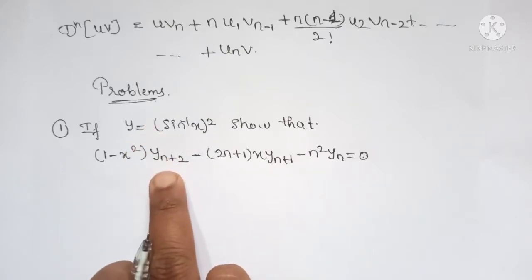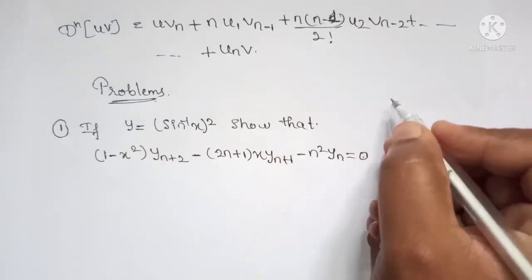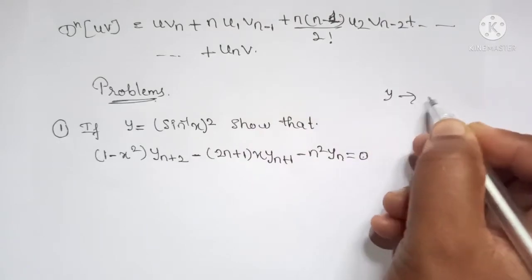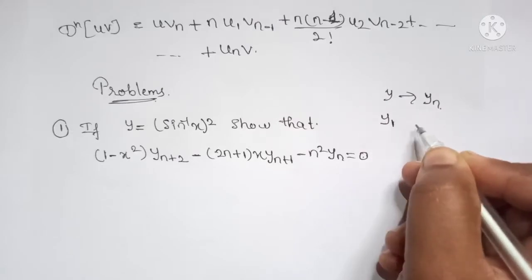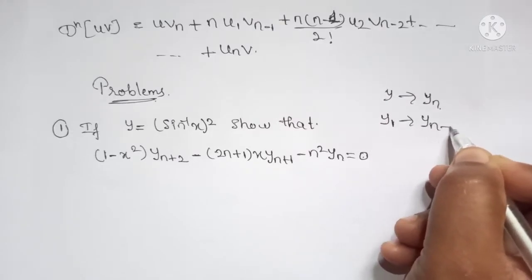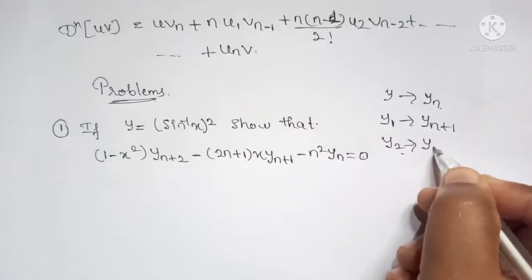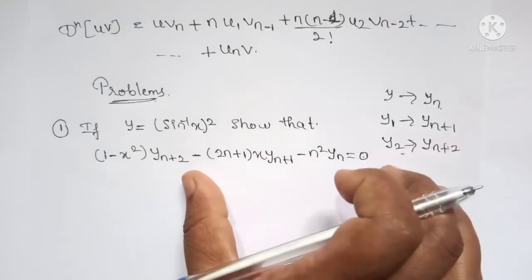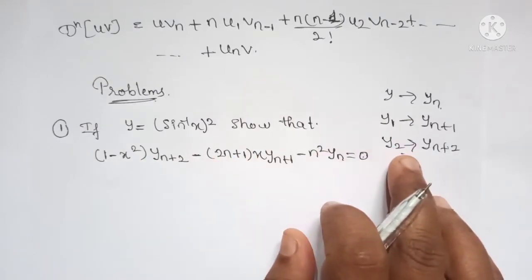Here this question involves y(n+2), y(n+1) and yn. Here yn means the nth derivative of y. The nth derivative of y1 is y(n+1), and the nth derivative of y2 is y(n+2). That means we have to apply the nth derivative formula after the second differentiation.